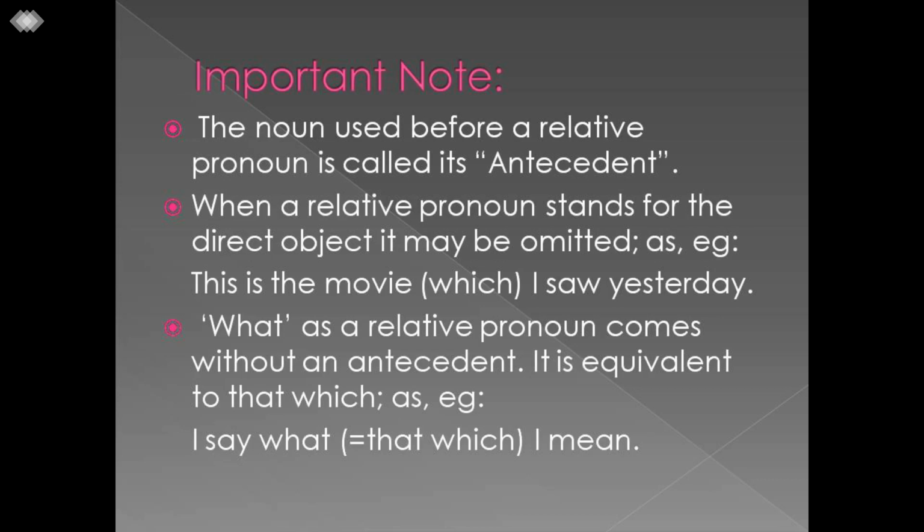So which is a direct object but it has been omitted in the sentence. Third, when what as a relative pronoun comes without an antecedent, it is equivalent to that which, for example, I say what, that which I mean. So these are a few important notes you need to keep in mind about relative pronouns.